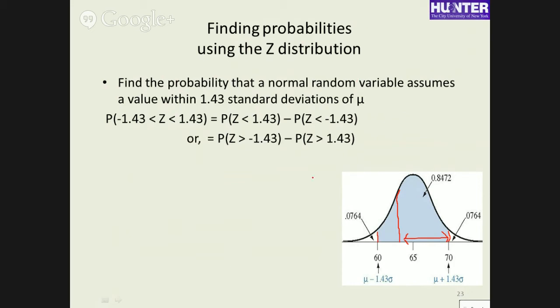In this example, the probability of Z between minus 1.43 and 1.43 is just the probability of Z less than 1.43 minus the probability less than minus 1.43. That works out to 0.85.